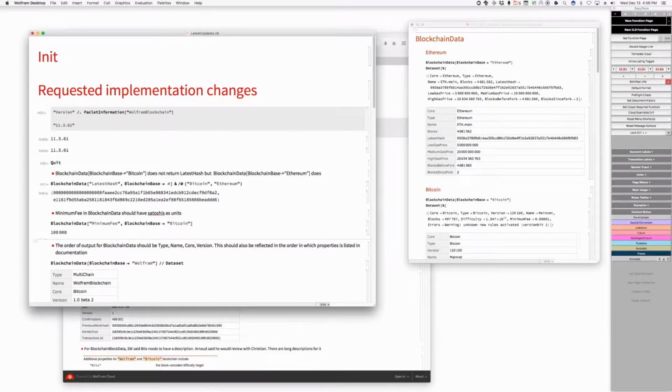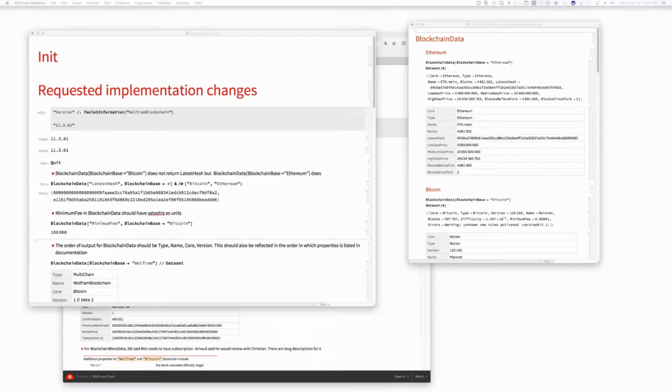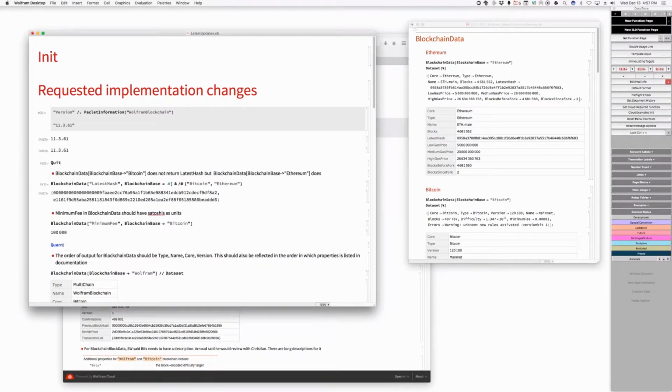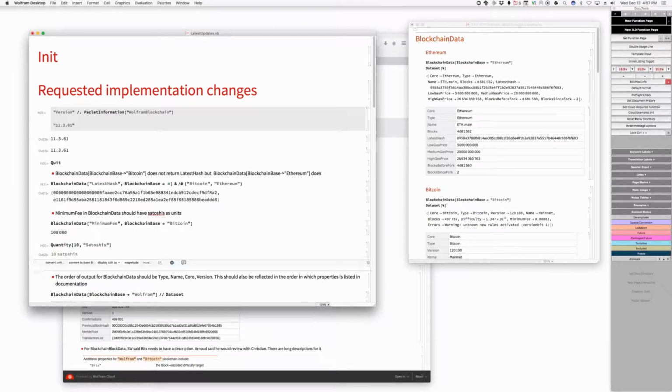There's an active thread on it, so we actually already have satoshis and Bitcoin and ether. You can say something like quantity 10 ethers. That already exists. Well, why can't I say quantity 10 satoshi? Satoshis, yeah. All units are plural.